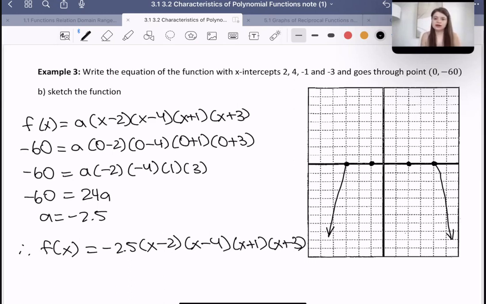So if we've got to get to -60, let's say this is -30 and this is -60, and we'll say that point is there. Let's make the scale accurate at least, 30, 60. There we go.